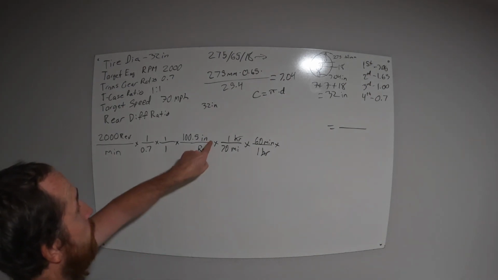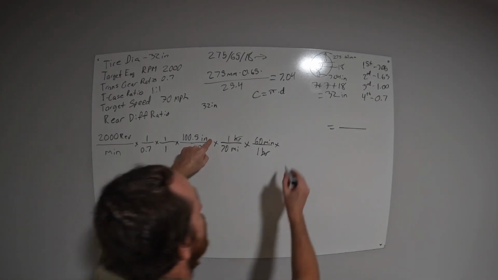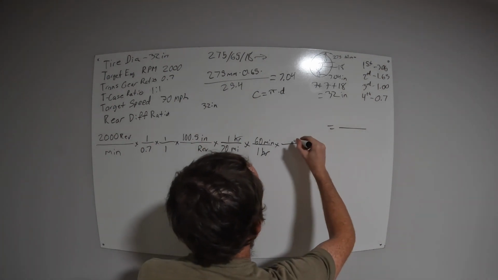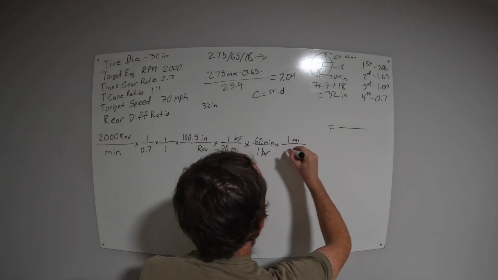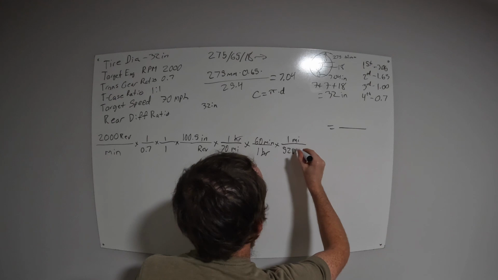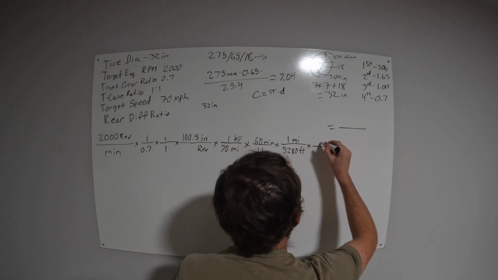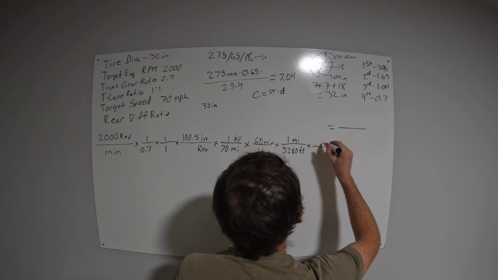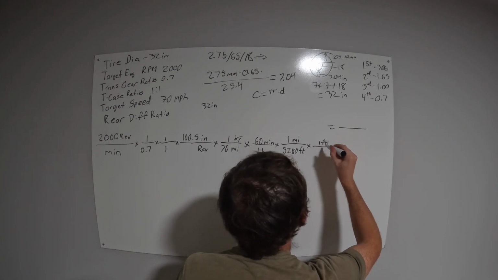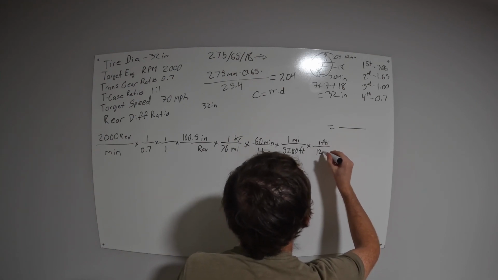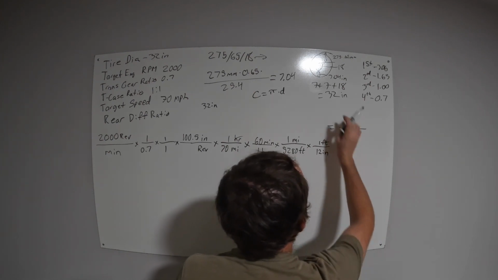Now, the next one we need is how many inches in a mile. We know that 1 mile is 5,280 feet. Let's multiply that by 1 foot per 12 inches.